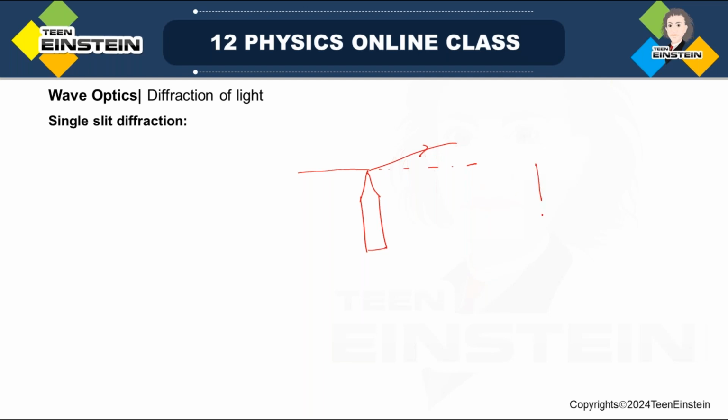And for an aperture also we have seen, if you take a sufficiently narrow aperture, then light, instead of going into this region alone, actually spreads out like this. In this case, these regions are geometrical shadow regions.